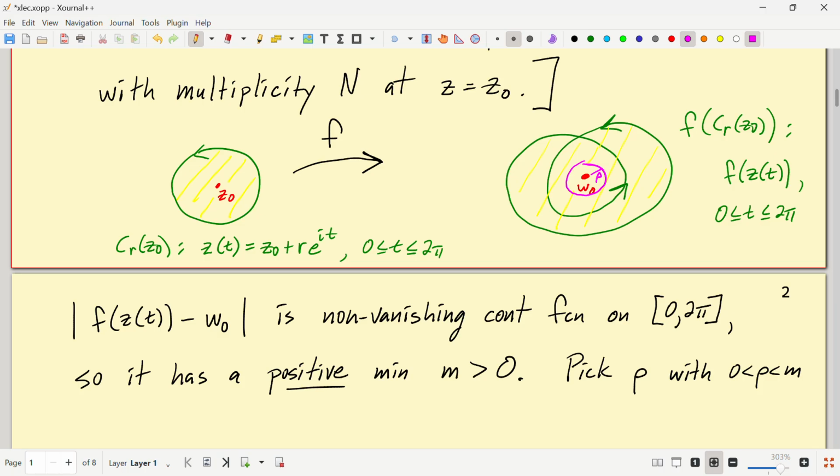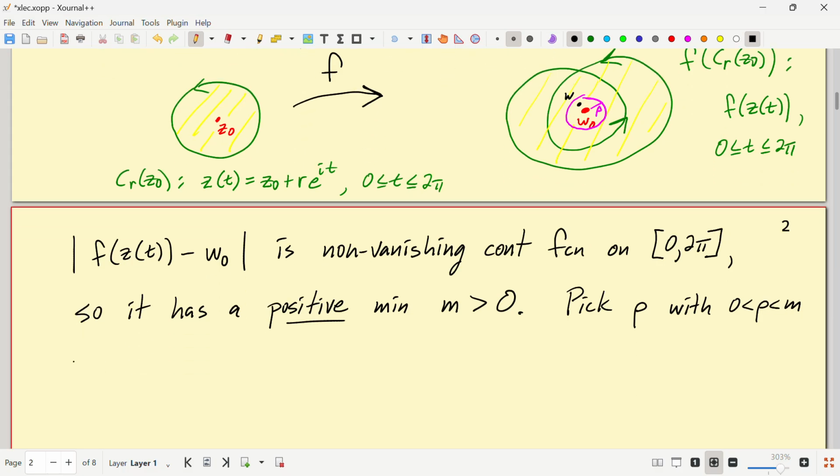It's within that minimum, so it's completely contained in the picture like that. It doesn't intersect the curve. In fact, it stays away from the curve by a distance of m minus rho. Anyway, I claim that every point in that little disk is going to get hit. So if I pick a w right here, that w is going to get hit.